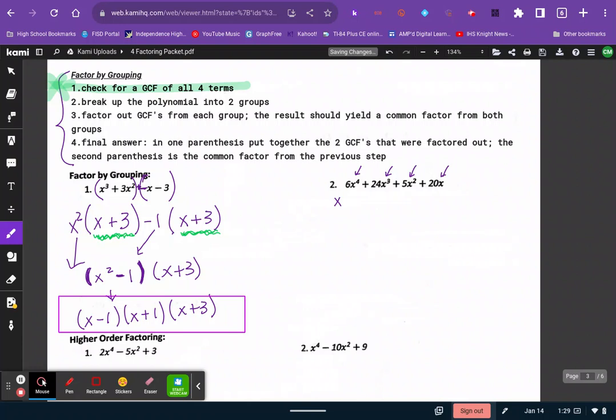And then let's look at our coefficients. 6, 24, 5, 20. There is not a coefficient that can be factored out, but I can factor out this x. So let's do that. Okay, very important.